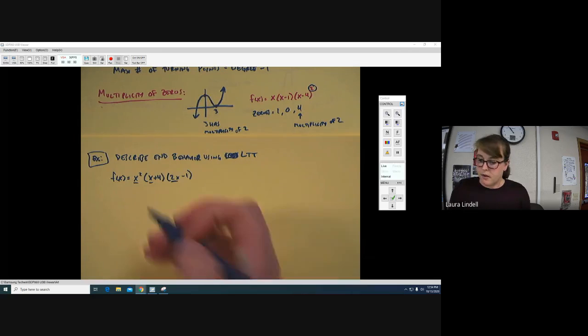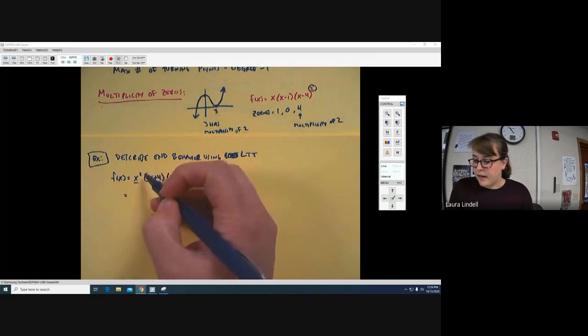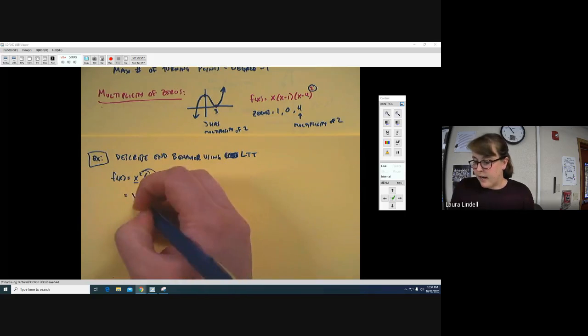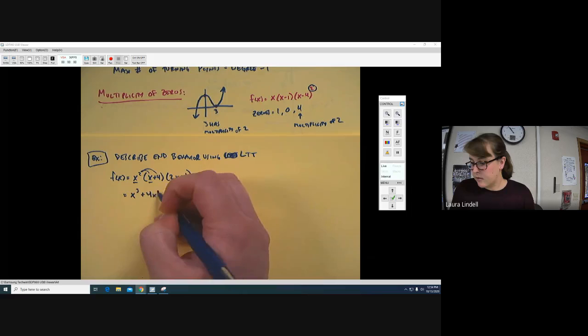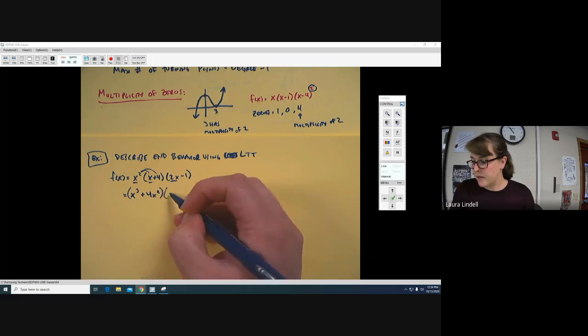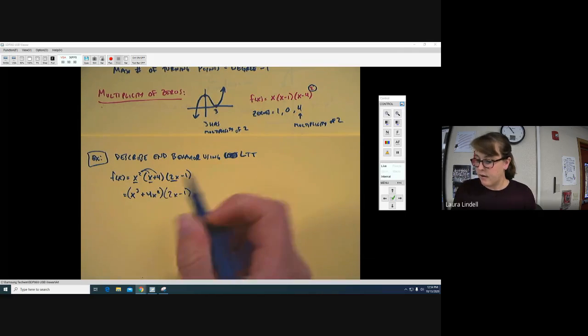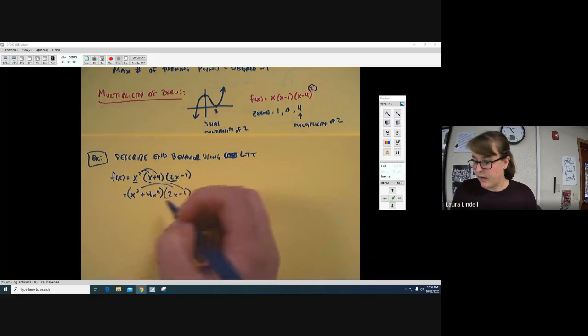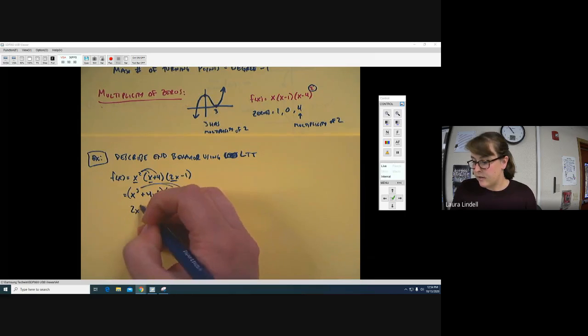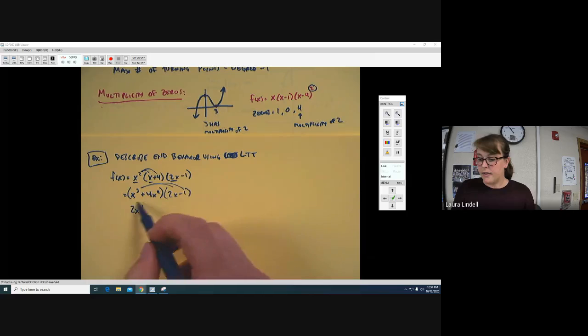Either way, we can go, okay, x squared times x is x cubed plus 4x squared. And we know that's going to be times 2x minus 1. So then we're going to double distribute here, and we get 2x to the 4th. And this will be our leading term.